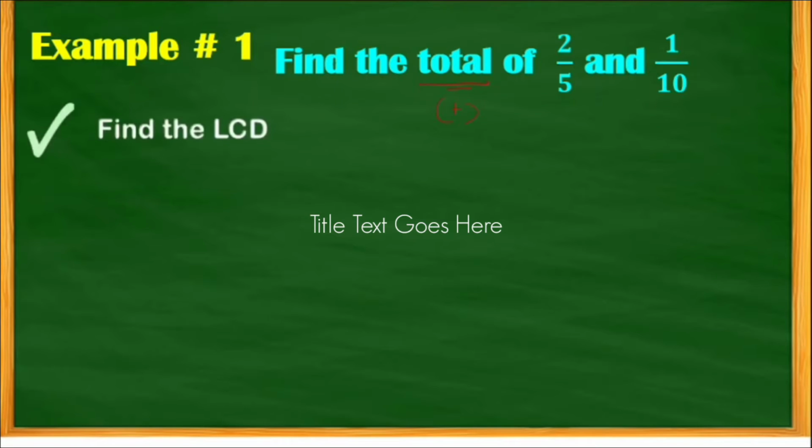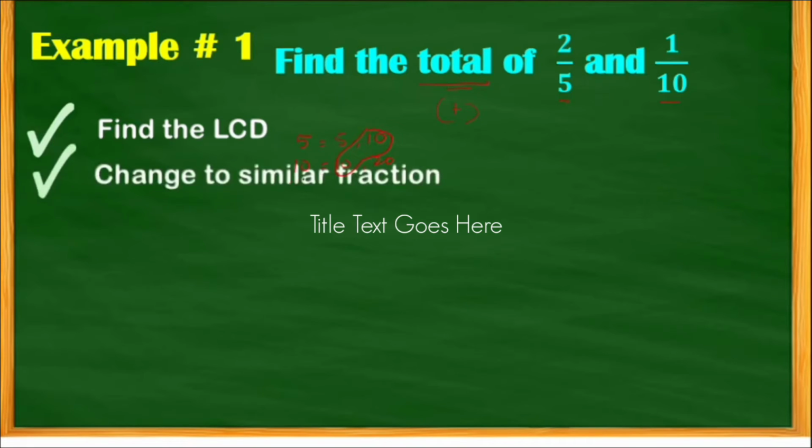First, we're going to find the LCD of the denominators, 5 and 10. We skip count: 5, 10, and then 10 and 20. So the least common denominator of 5 and 10 is 10.